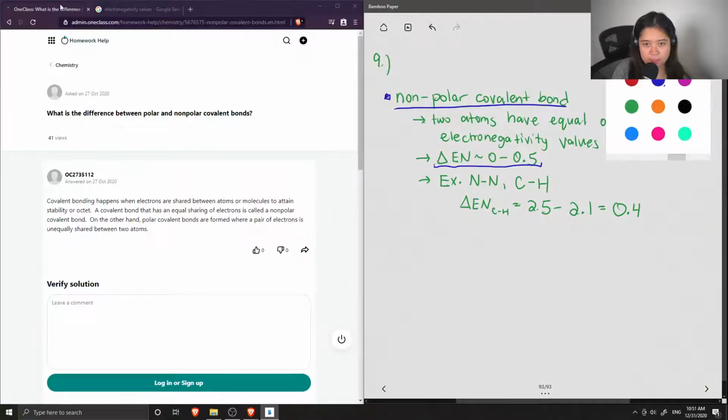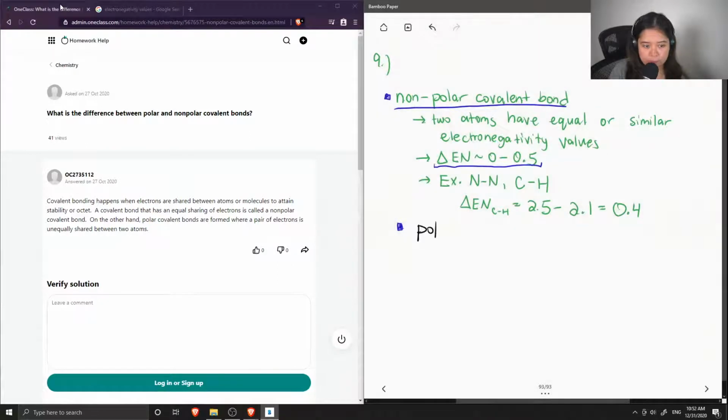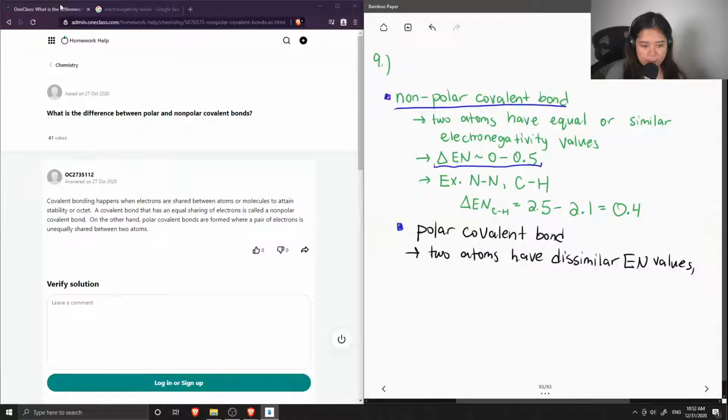Okay, so now let's define what a polar covalent bond is. So when we have a polar covalent bond, this is when two atoms have dissimilar electronegativity values, and it leads to a dipole moment.